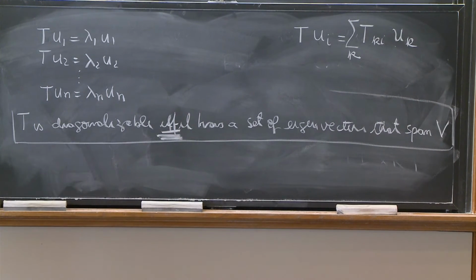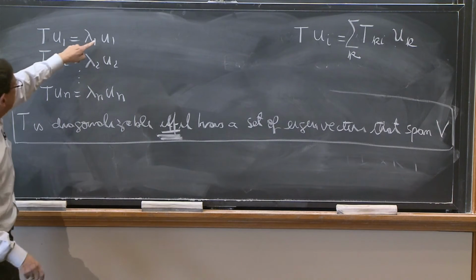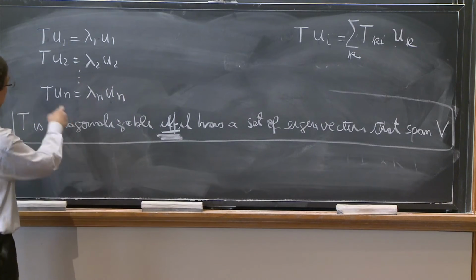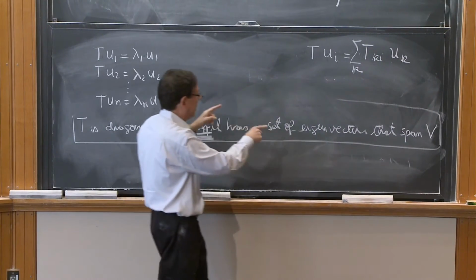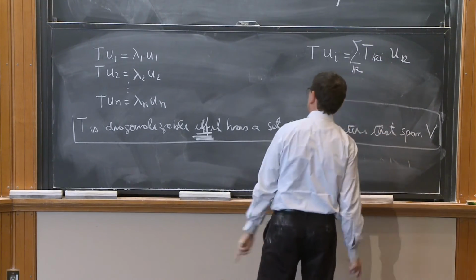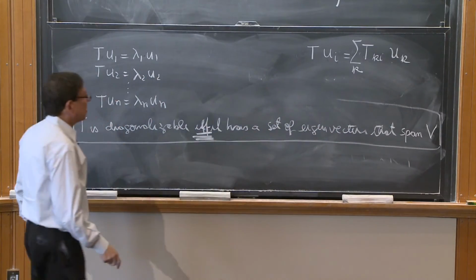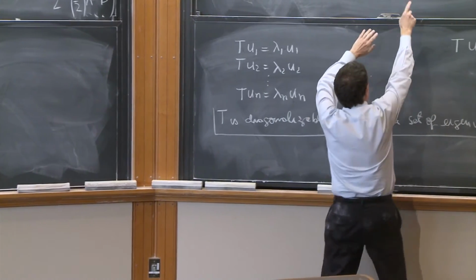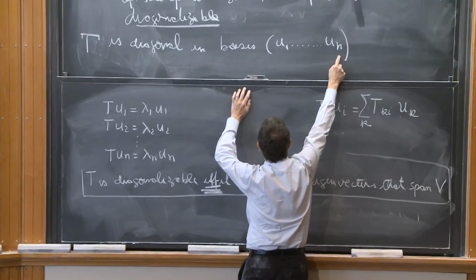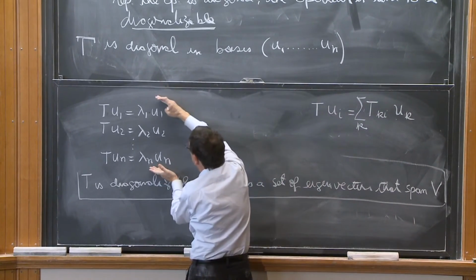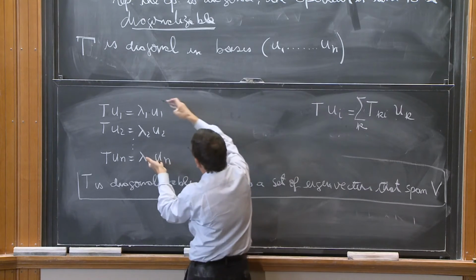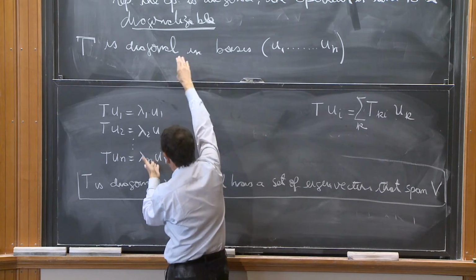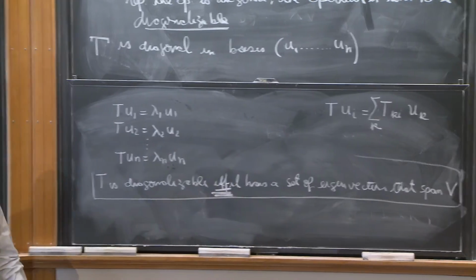So here it's diagonalizable, and we have a basis, and these are eigenvectors. So diagonalizable really means that it has a set of eigenvectors that span the space. On the other hand, if you have the set of eigenvectors that span the space, you have a set of U's that satisfy this, and then you read that, oh yeah, this matrix is diagonal, so it's diagonalizable.